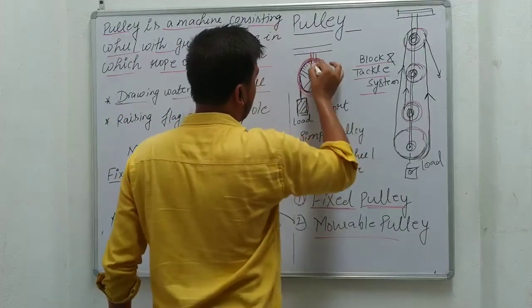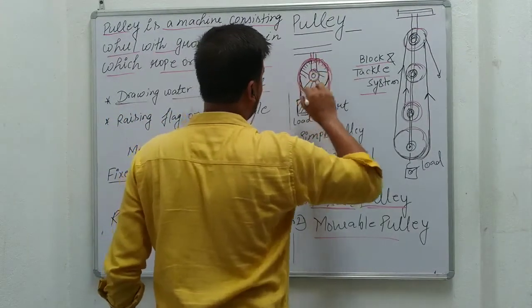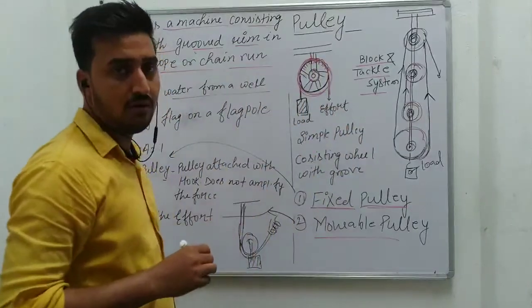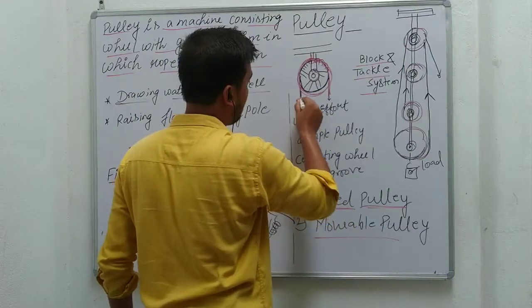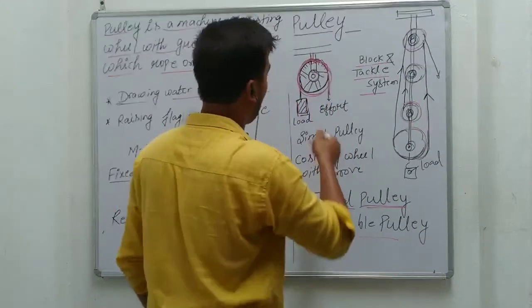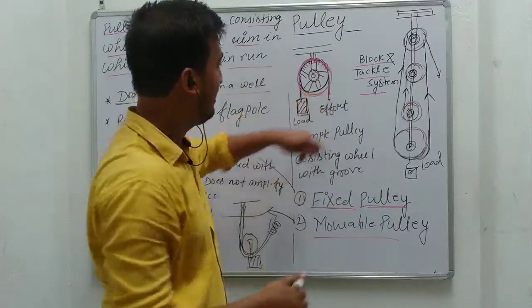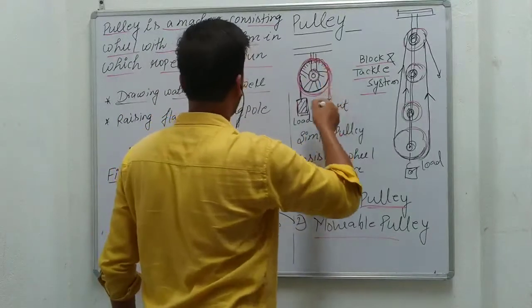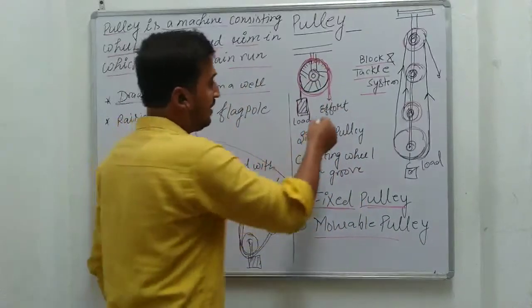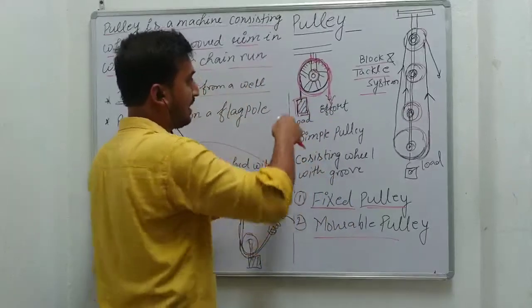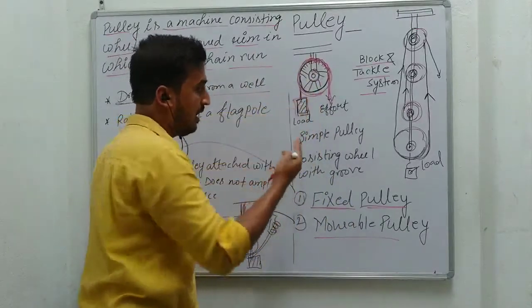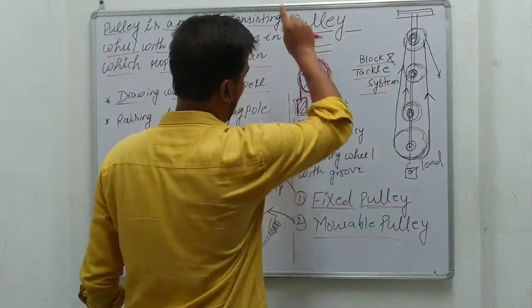A fixed pulley is a type of pulley in which this wheel does not rotate, and we can just lift the object by using this string or chain. On one side we apply the effort and from the other side the load automatically comes up, from down to up.